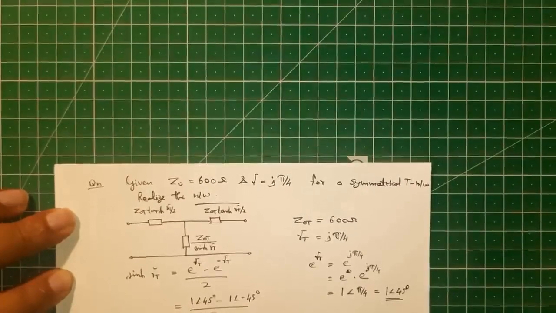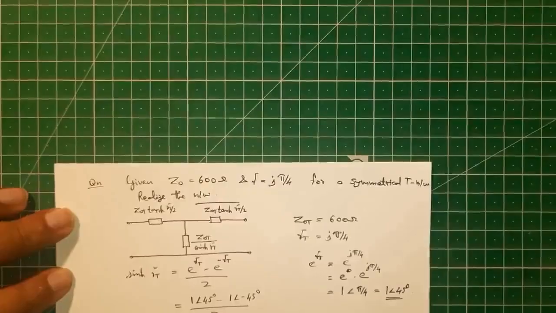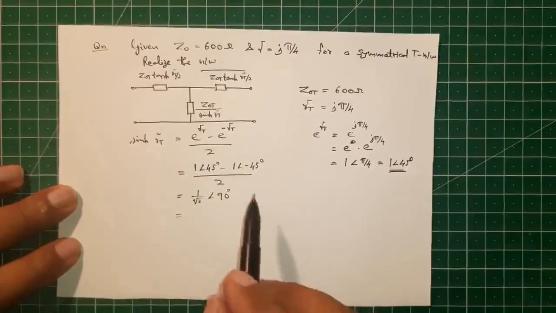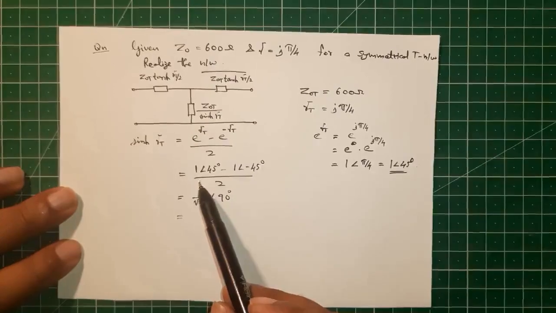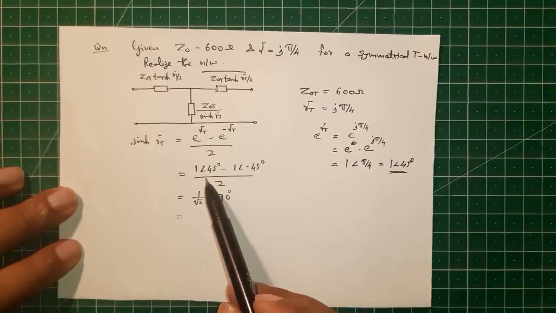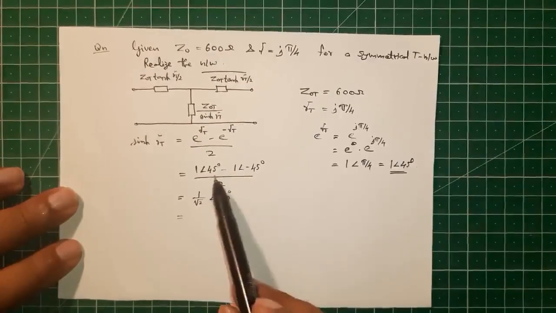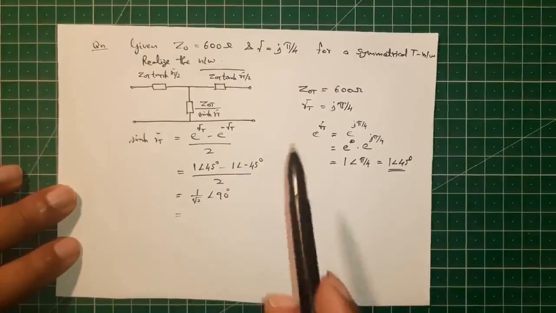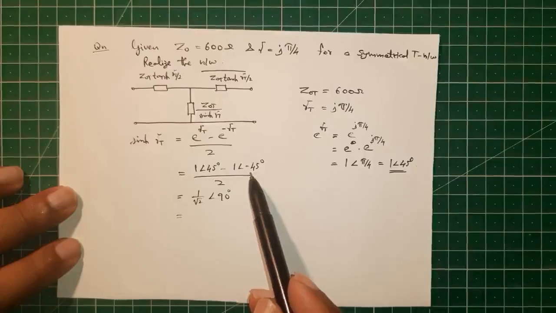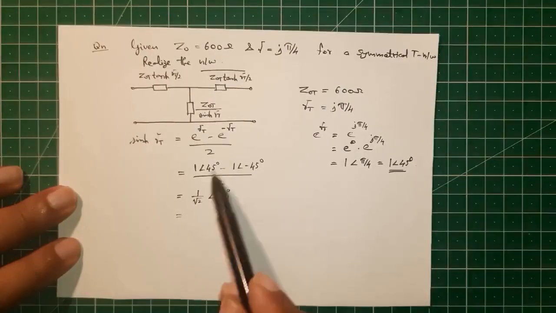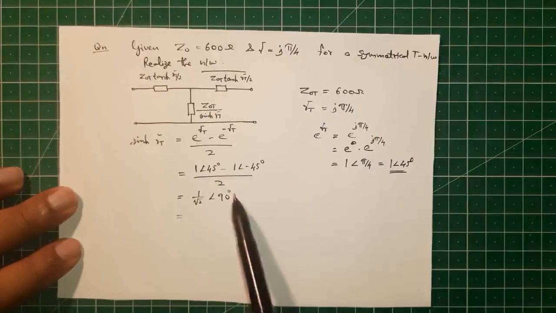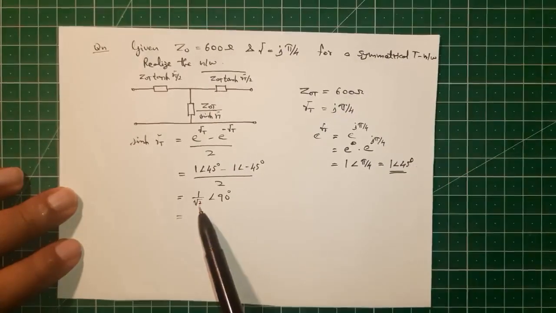In terms of complex notation, so this is 1 angle 45 degree minus e power minus gamma t. So that will be 1 angle minus 45 degree divided by 2. On simplifying, we will get this as 1 by root 2.